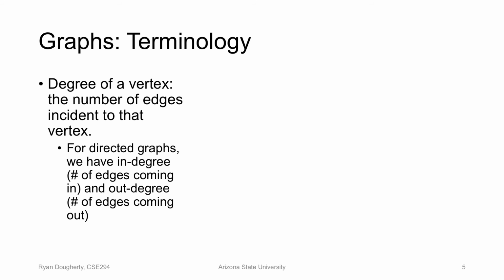And that's for the undirected case, but the directed case is a little different, because some edges go out and some edges come in. So for directed graphs, the in-degree of a vertex is the number of edges coming in, and the out-degree is the number of edges going out of that vertex.